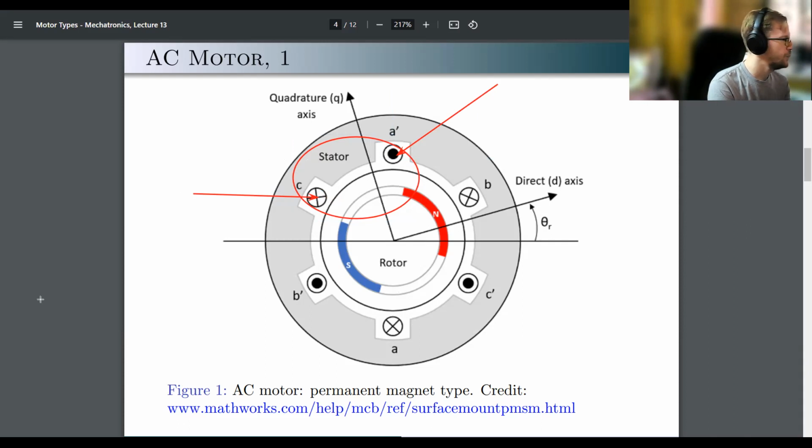Or, if you prefer, you can just think of this as a source of magnetic field, because ultimately a coil wrapped around the tooth, let's say this is the tooth and we wrap a coil around it like this, is a source of magnetic field.